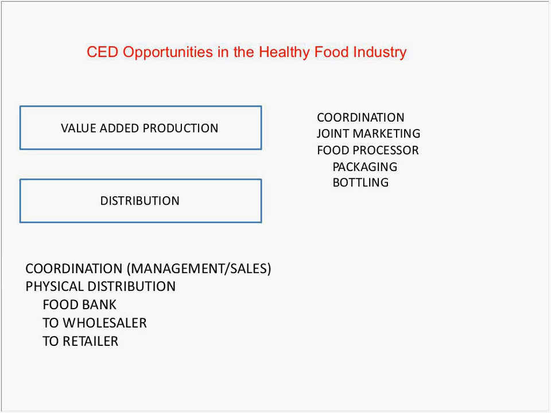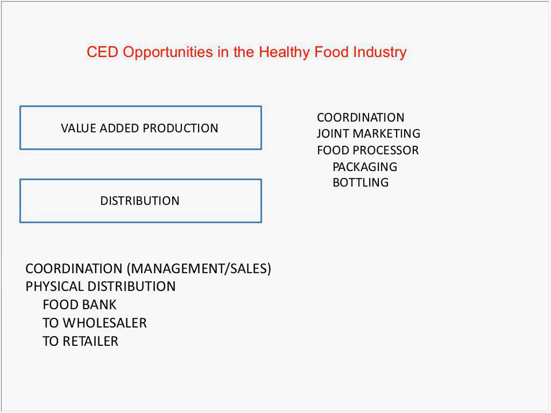So under the value production, the first box there, you could operate, own, and manage a food processing center that packages and bottles food that's coming out from the different farms or from the different producers. And you could be the sales side of it and the distribution network side of it.